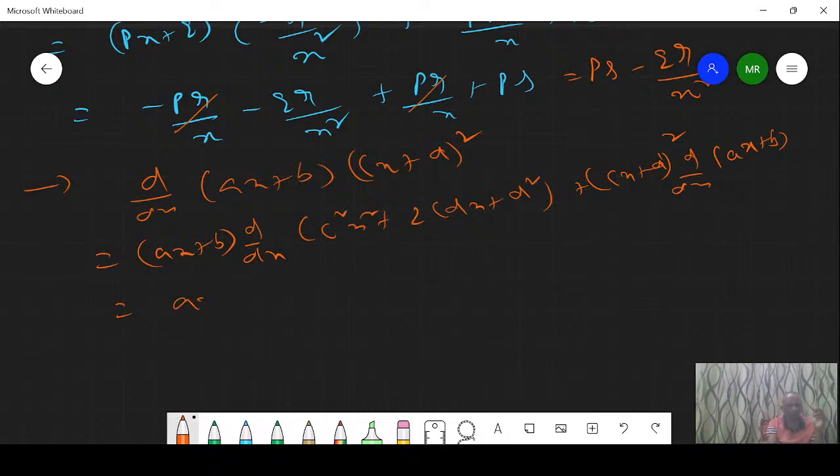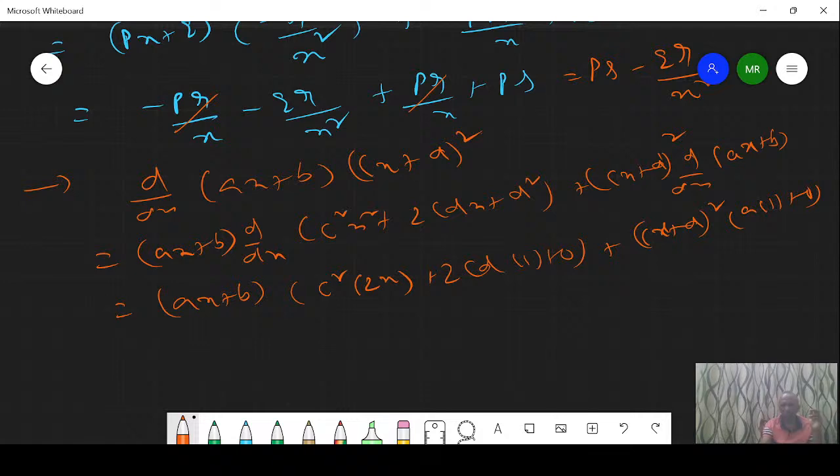I can simplify: (ax + b) into this one's derivative, c squared x square derivative is c square into 2x, 2cd derivative of x is 1, constant 0, plus (cx + d) whole square, derivative of a into 1, constant 0. Right, this will become (ax + b) into 2c square x plus 2cd, plus (cx + d) whole square into a.